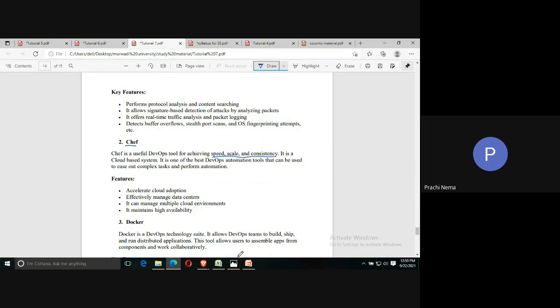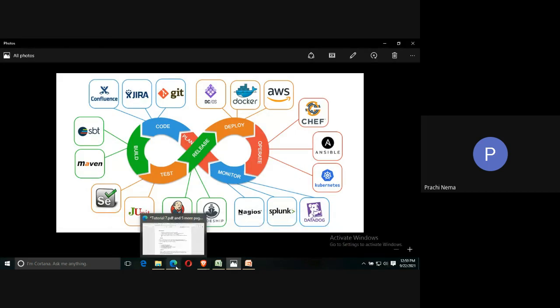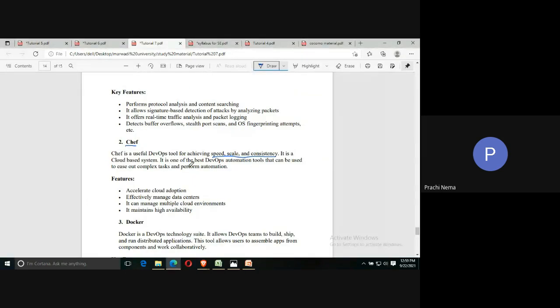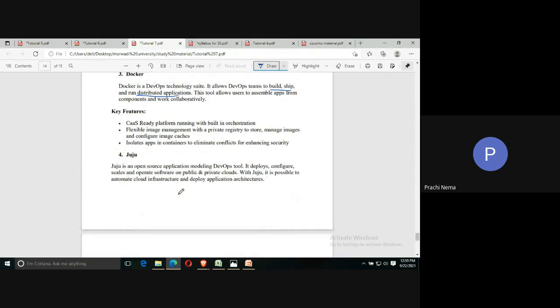We have seen Chef in this also. See this tool. This is the same tool which I have mentioned in my tutorial. Then there is Docker, which is used for building, shipping, and running distributed applications. Then there is Juju, which is used for deployment, configuration, scale, and operating software on public and private cloud.